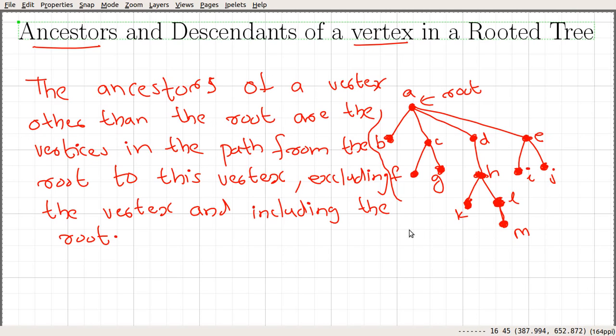Let's look into this tree and try to find the ancestors of one or two vertices. Ancestors of, say, L: we start from A and move towards L, and we collect all the vertices.